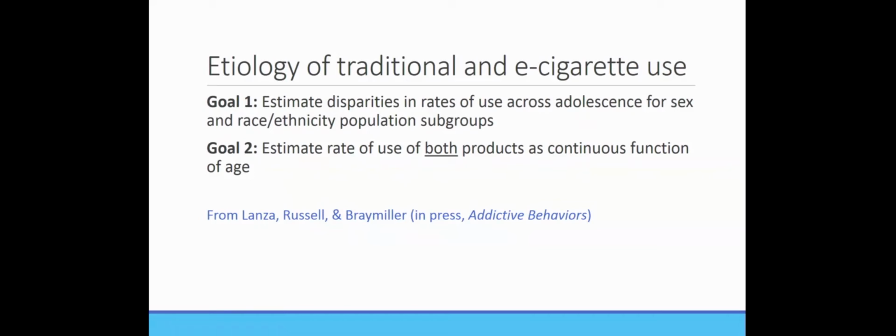And then importantly, in goal 2, we wanted to estimate the rate of use of both products as a function of age. And so maybe some students only use e-cigarettes, some only use combustible, some use both. So we wanted to estimate the rate of individuals using both. And so these results are unpacked in a recent manuscript that's in press at Addictive Behaviors, which we would be very happy to share with anyone online today.